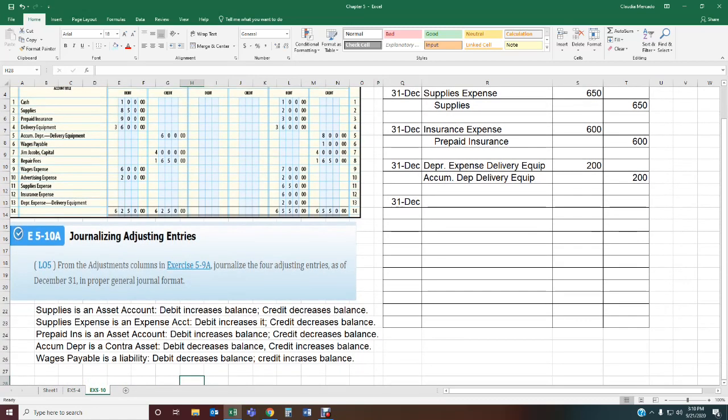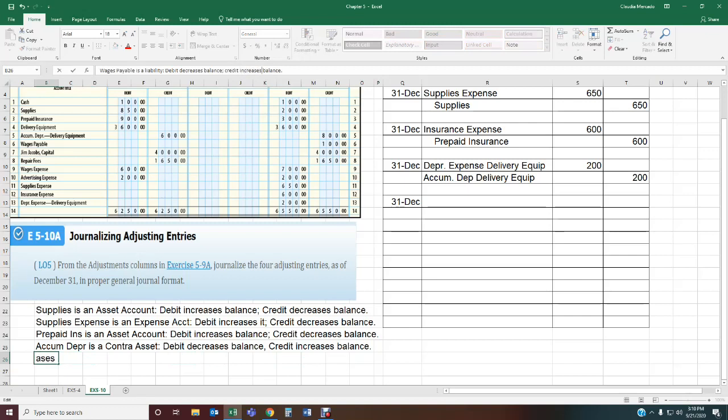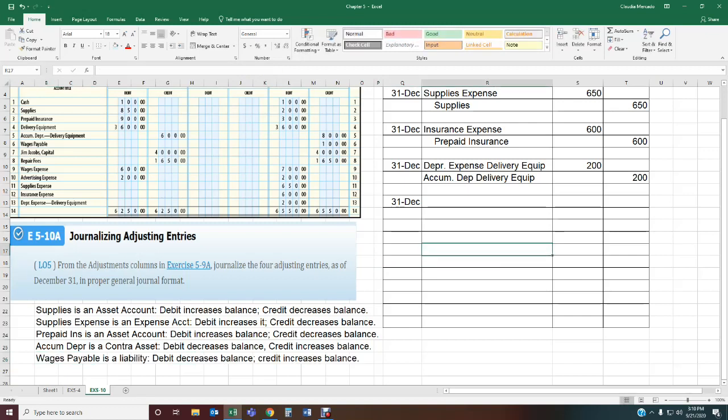So my balance increased. Whenever your balance for your wages payable increases, and I misspelled increase here, I'm sorry about that. Here we go. When your wages payable increases, you credit the account. So I'm going to go ahead and credit my wages payable.